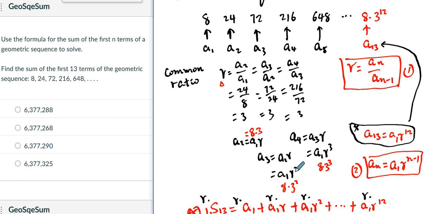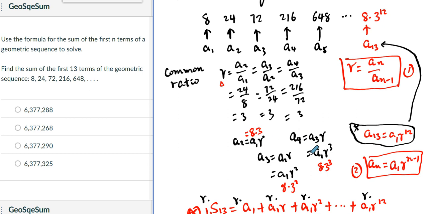So you see this exponent is always 1 less than the index 3 here. You can see here is the same. The second term equals the first term, that's A1 times R. Here, the exponent is 1. So then 1 is 1 less than 2.